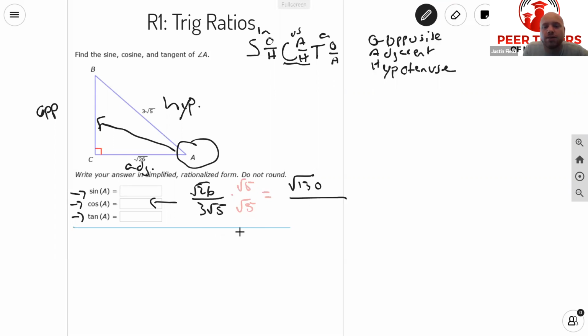And then root 5 makes 5, right? So 5 times 3 is 15. So the square root of 130 over 15. So that's what the cosine of A is.